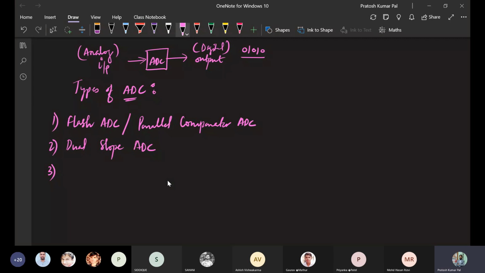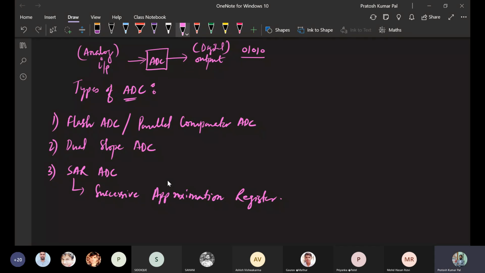The next one is the SAR ADC. Basically, SAR stands for successive approximation register.